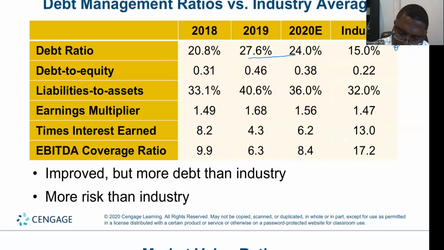So this is okay. Cross-sectional analysis is very high for the company compared to the industrial average. So the company is more indebted compared to an average company in the industry. So this is poor.